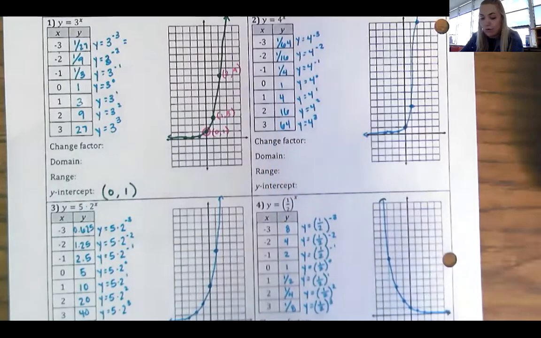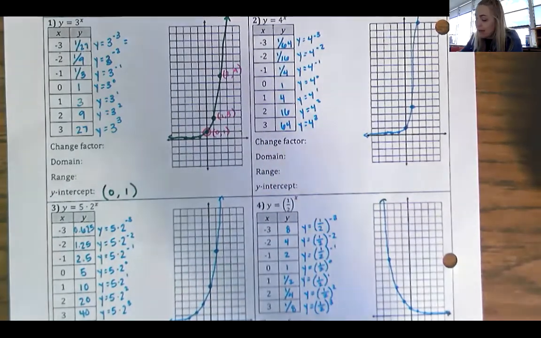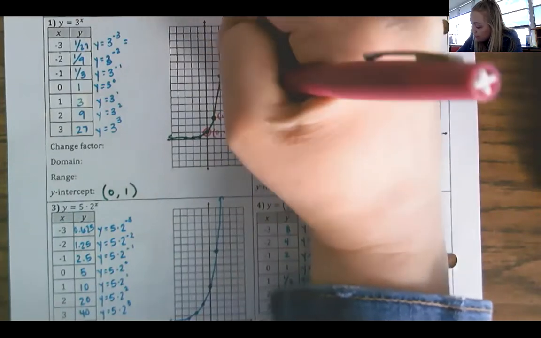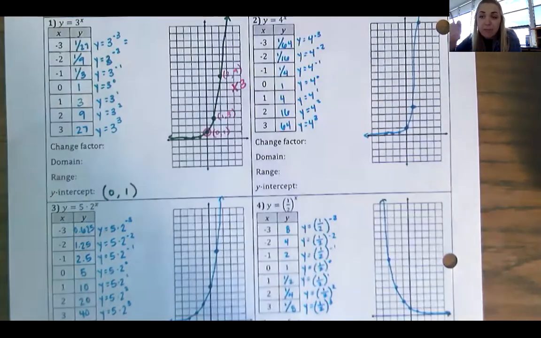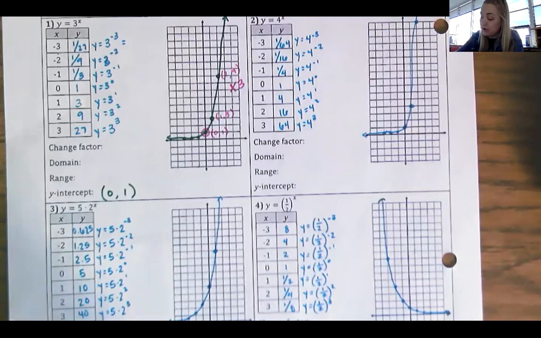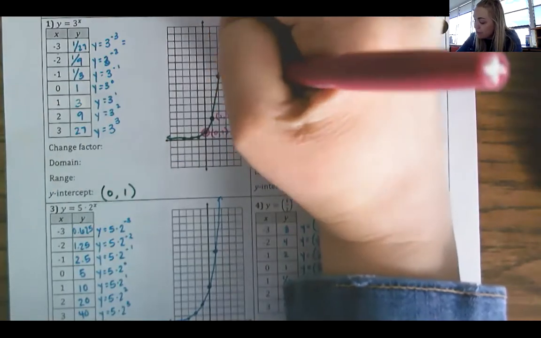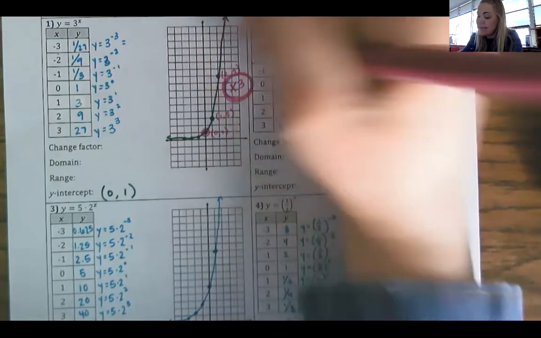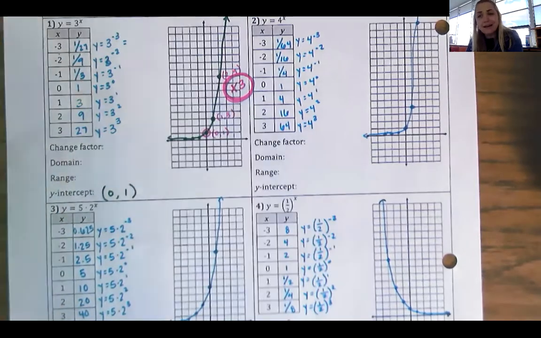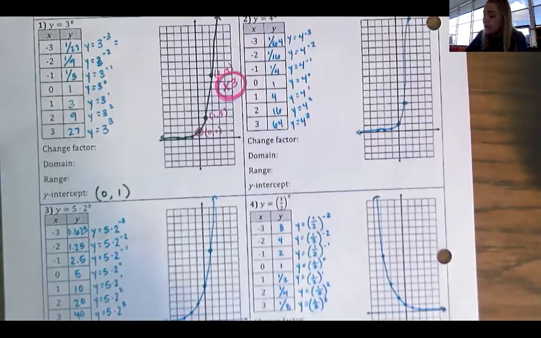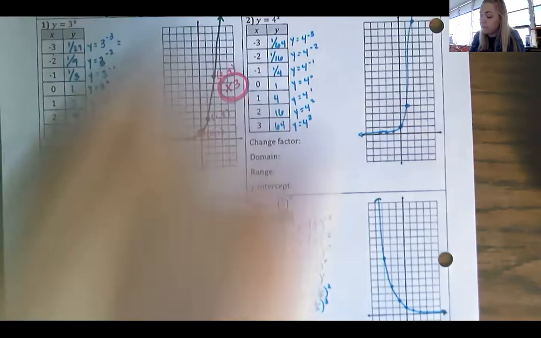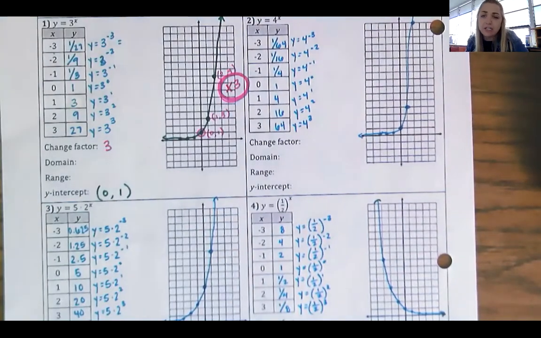What's happening there? Well, I'm multiplying that y value by 3. I want everybody with a pencil or a pen, a red pen would be great, to multiply by 3 and circle it over there. That is what we changed by. That is called our change factor, and that goes right here, multiplying by 3. Our change factor is 3.